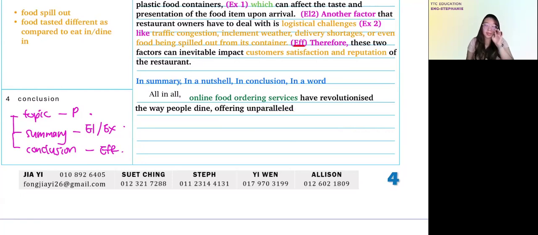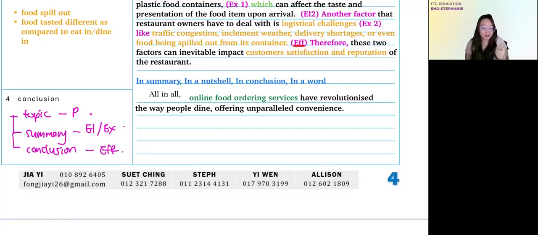Here, unparalleled means incomparable. Can I use "does"? Not here, but at the very end of your sentence, your effect portion can use "does" therefore, boleh, but after that. So offering unparalleled convenience. Then this is your Q1 talking about what online food service is, and then your Q2, the convenience, the benefits.